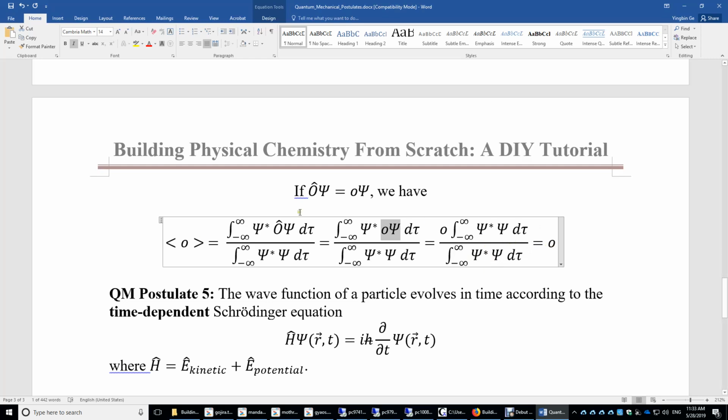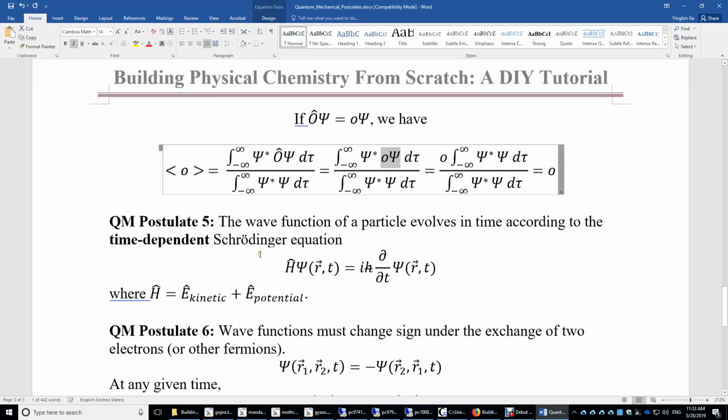So basically it means if the wave function psi is an eigenfunction of the O operator, the expectation value is simply the eigenvalue corresponding to this eigenfunction psi.